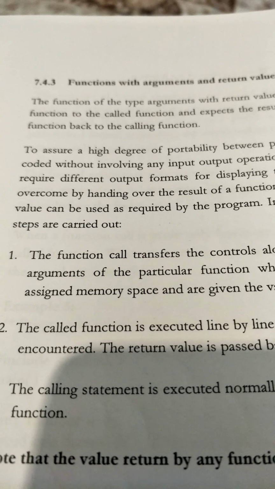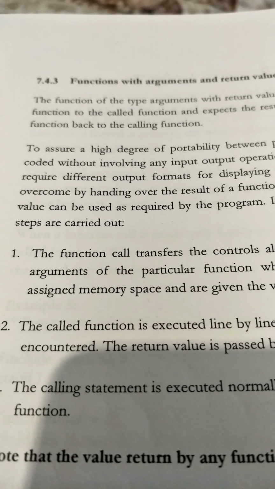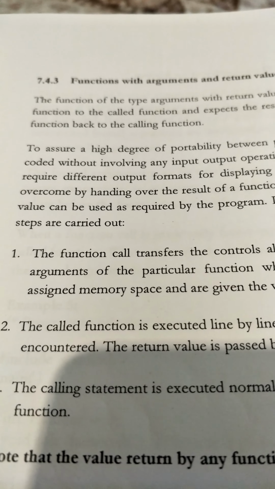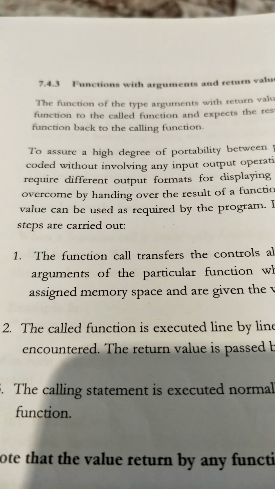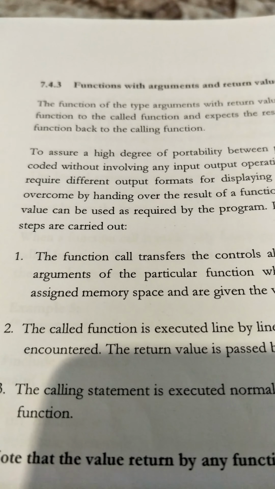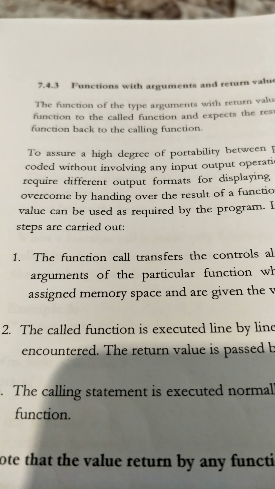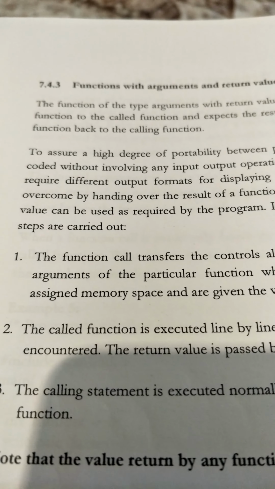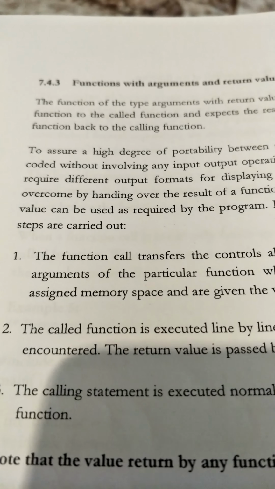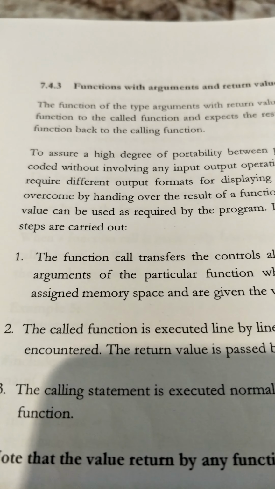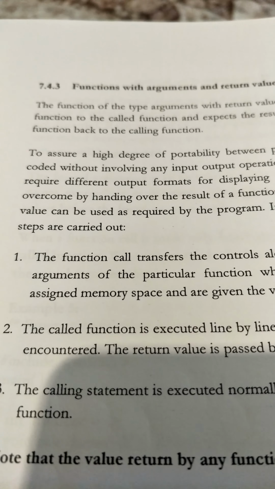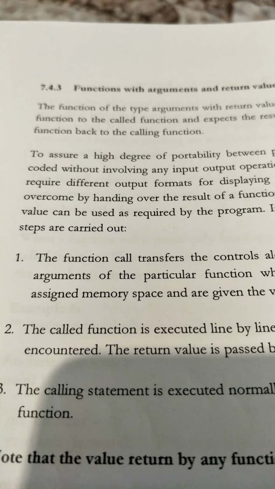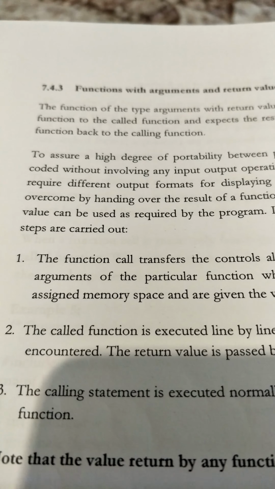The main program sends the data to the function, the function processes the data, and then the output from that function is brought back to the main program, and those values can either be printed out or used to do other processes.